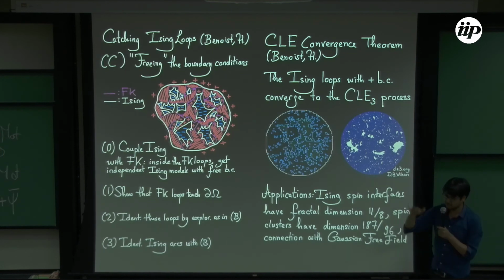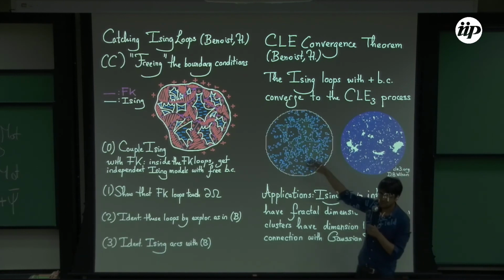The intensity of the loop soups you use actually corresponds to the central charge. Now if you take 2 copies of this and look at the Brownian loops you use, and you superimpose them, and you do percolation on the union of these Brownian loops, you get CLE4, level lines of the free field. So at the lattice level, what does it correspond to?